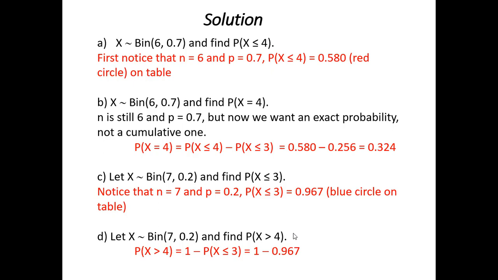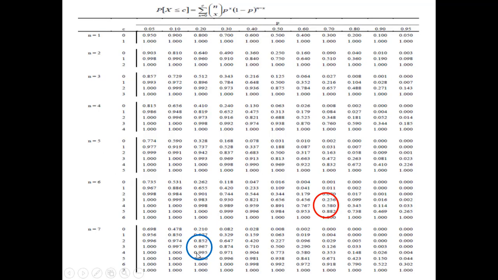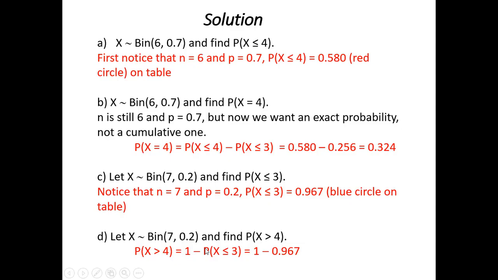So this becomes 1 minus the probability x is less than or equal to 3. So we look up the cumulative for 3. That would be this value right here, 0.967. You can see we have this again.